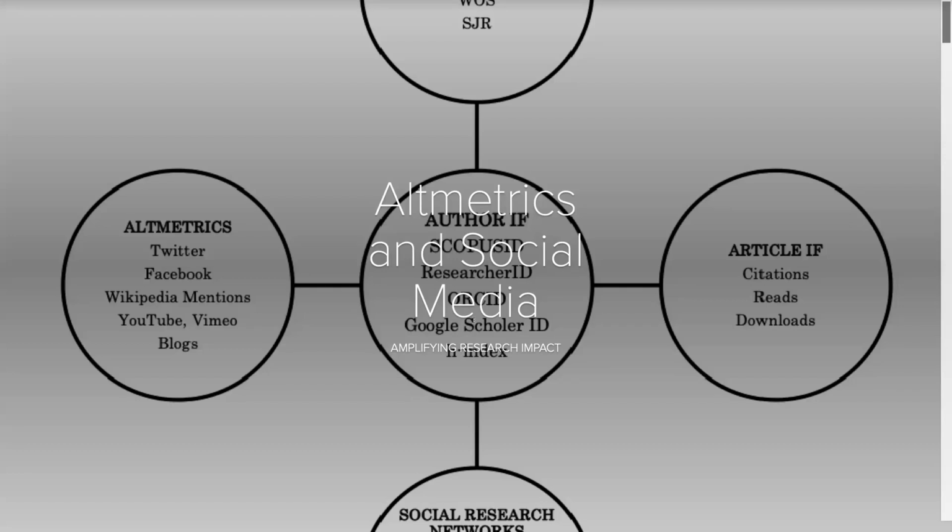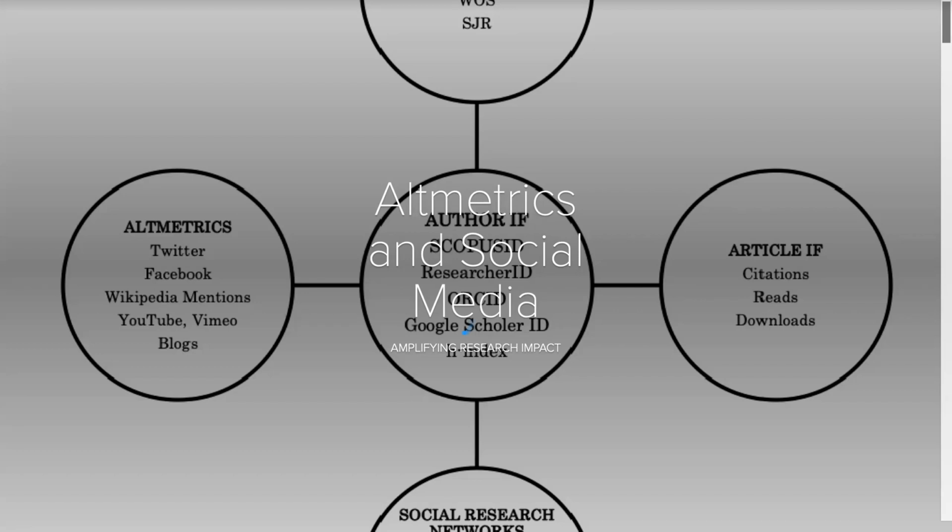What's the impact on society? Probably nothing. So that's where alternative metrics come in. Maybe if we reach out to society, we can have some broader impact, and we can prove that by, say, 1,500 people have retweeted the link to my article or my video. So hopefully it's actually having some broader impact.